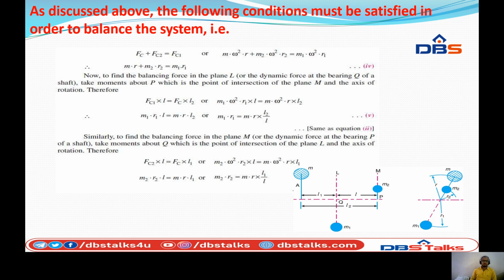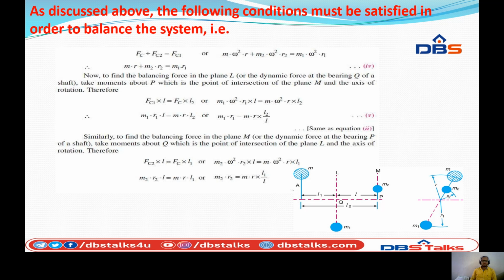Finally, m1 r1 is equal to mr L2 by L. It is the same equation we found when the disturbing mass is kept in between the balancing masses, that is equation number 2.